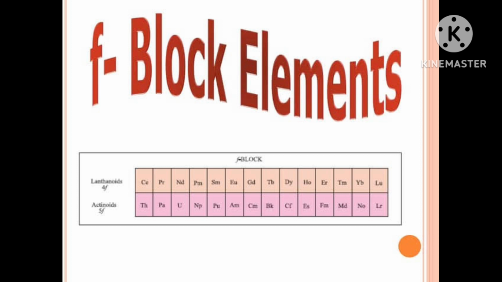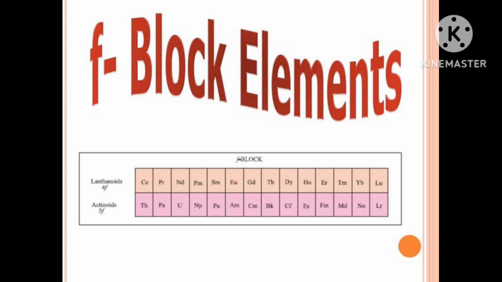What will be the consequence of lanthanoid contraction? It causes the radii of members of the third transition series to be very similar to those of corresponding members of the second series. Means the radii of both third series and second series become almost equal.